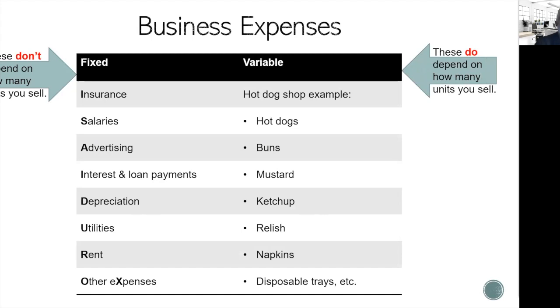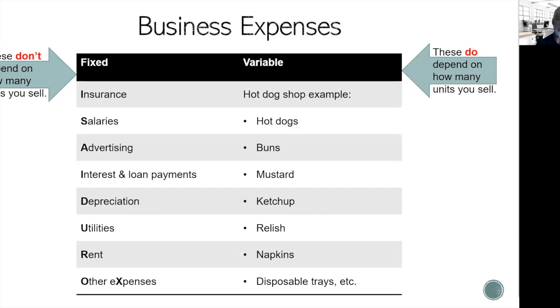Check this out. The variable expenses do depend on what you sell. That means if you're selling hot dogs, you're going to have to buy that hot dog, right? So you're going to have to pay for that hot dog that you put in a bun. You put some mustard and onions on it and whatever else you're putting on it.